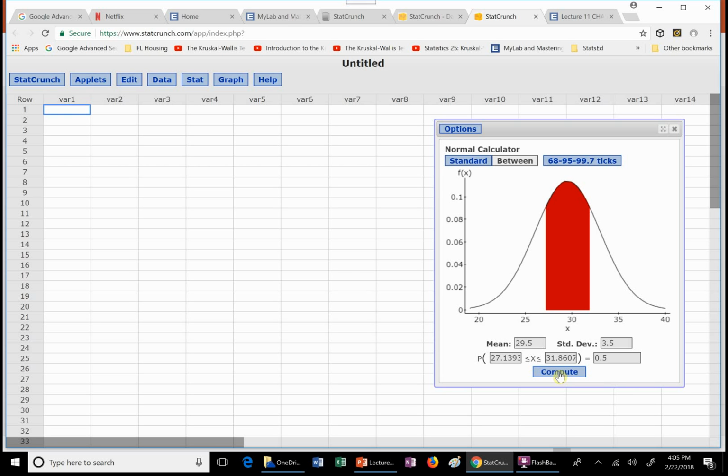Do we know Q1 from this? Well, if this is the middle 50%, this is 25%, so this must be the first quartile. This is the value that's 25% below it. This has to have 25% up here, so this must be Q3, and that difference is the interquartile range. All right, good.